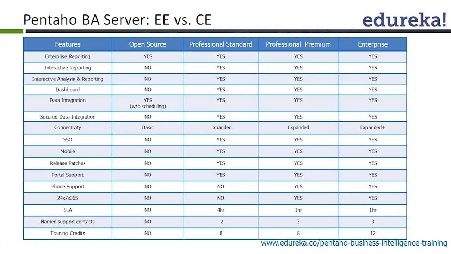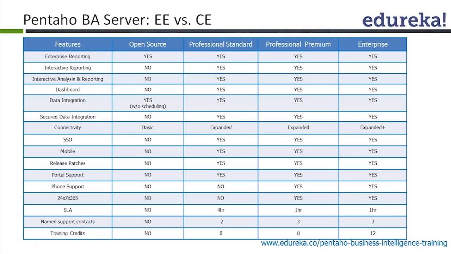Connectivity, it has basic connectivity features. E version has expanded connectivity features. So here connectivity, basic and expanded, is more in terms of ease of use. Otherwise, whatever adapters and connectors are available, they are available in both editions.